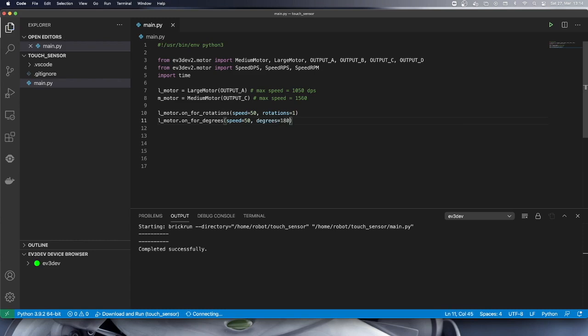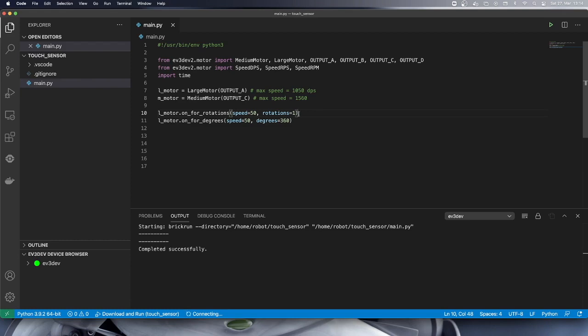Let me change this to 360 so that it is equivalent. So if I call on for degrees at 50% and the degrees is 360, it is the same as on for rotations and setting rotation to 1, because when the motor makes one full rotation, it is actually traveling 360 degrees.